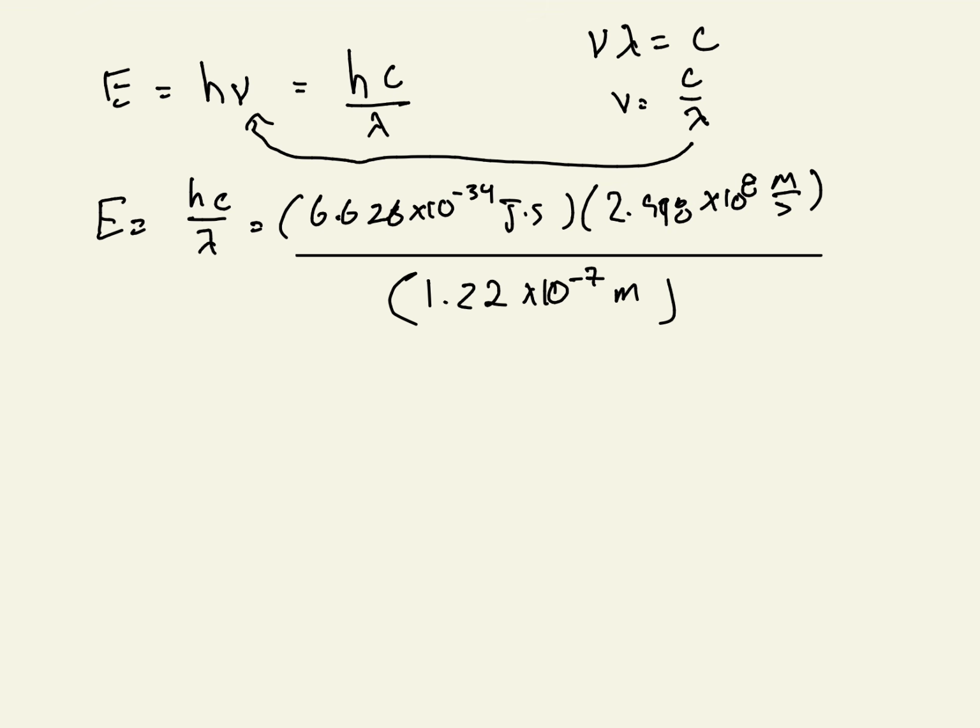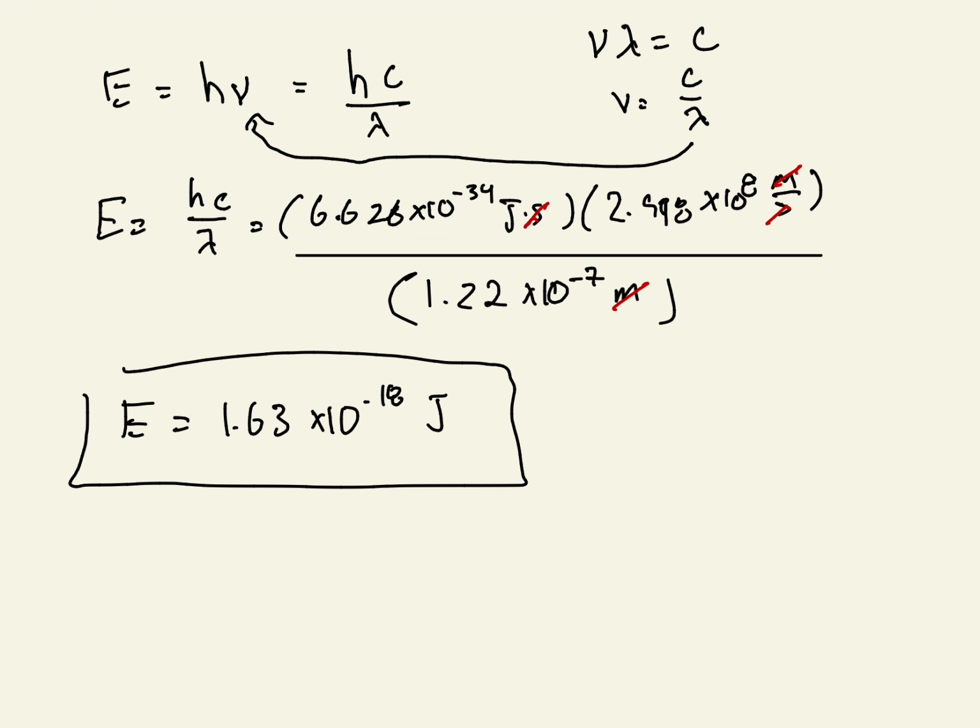So now units of meters cancel out, seconds cancel out with seconds there, and all we're left with is joules, which is our unit of energy, which is what we want. So we plug this in, and we get the value of 1.63 times 10 to the minus 18 joules.